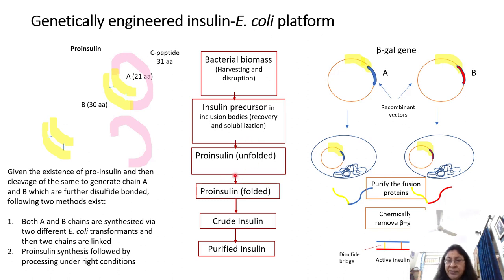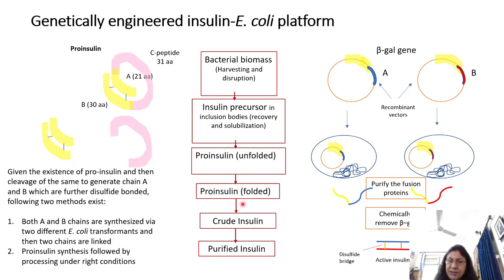However, you do have a proinsulin which is now unfolded. All right, so then there are several strategies which you are going to apply at this particular point, and then you get this proinsulin, but now in the folded form. Okay, and then through further processing, which involves cleavage of the proinsulin and release of chain A and B, and disulfide bond formation also occurs here.